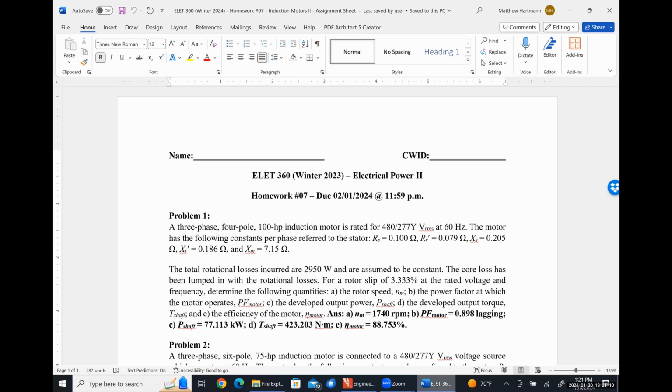I'm still getting like 40.56 and I literally don't understand why. Double check my equations for equivalent circuits.